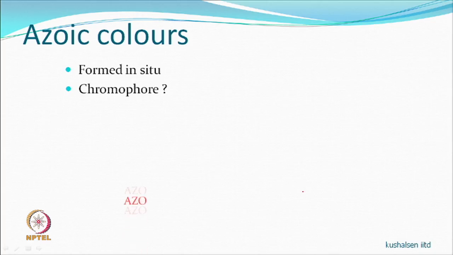So the chromophore is an azo group, and this generates when the diazotized base is reacted with a naphthol. All right. So the affinity of a naphthol comes into issue.